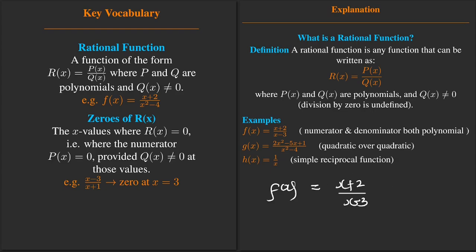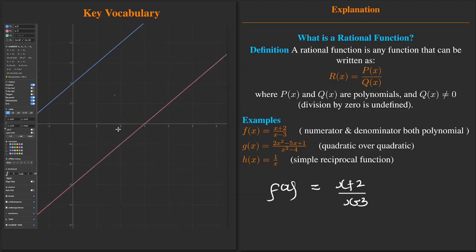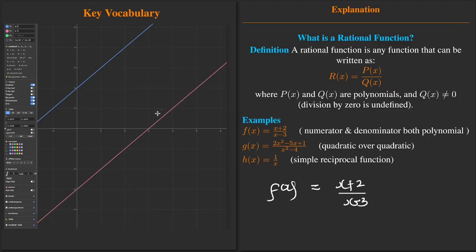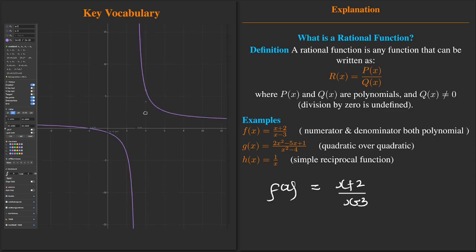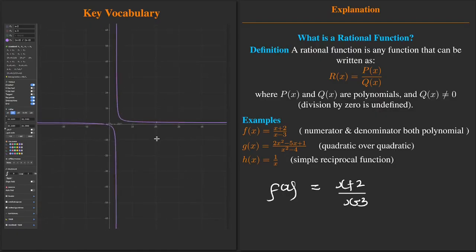On our graph, as you can see, this is the x plus 2, and this, on the other hand, is x minus 3. But we are writing them together as a function, and we are calling that a rational function. So for the rational function, they combine to give us this, as you see over here. If I zoom out, you see how the function is going to look.